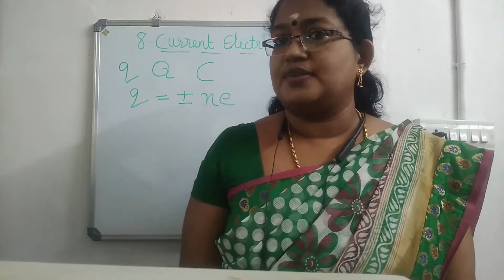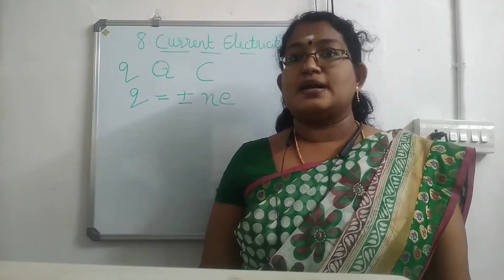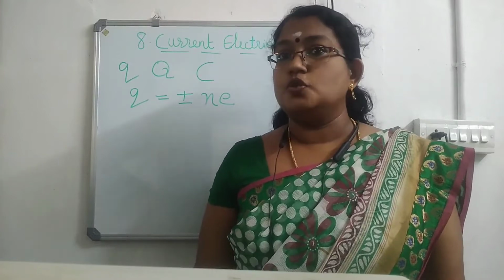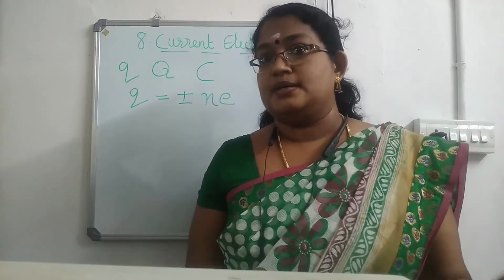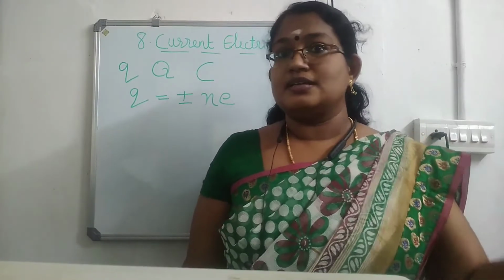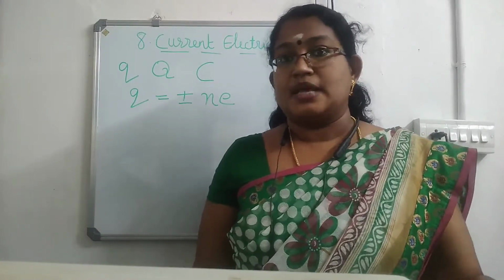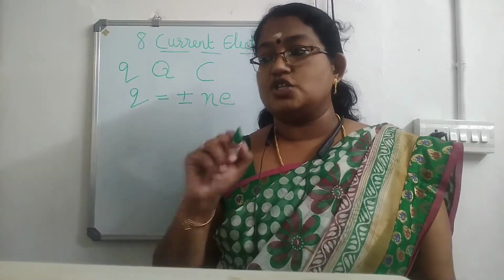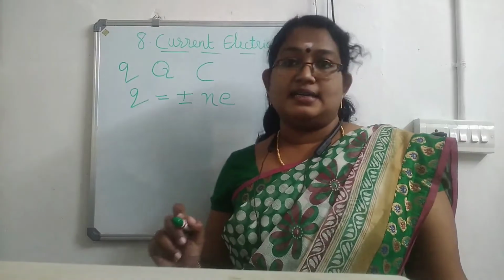How much is the charge of an electron? It is minus 1.6 into 10 raised to minus 19 coulomb. Minus stands for negative, that is electron. Since electrons are negatively charged, you are putting the simple minus there.